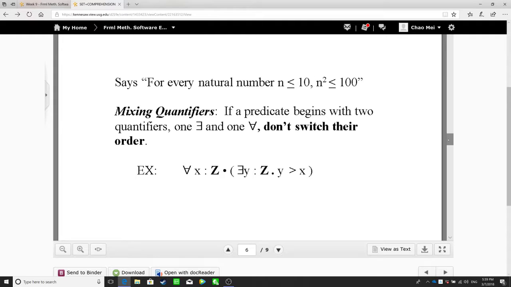Here is an example of this. Can anyone translate this to natural language? First, for all x integer. Would you have to work the inside bracket first?